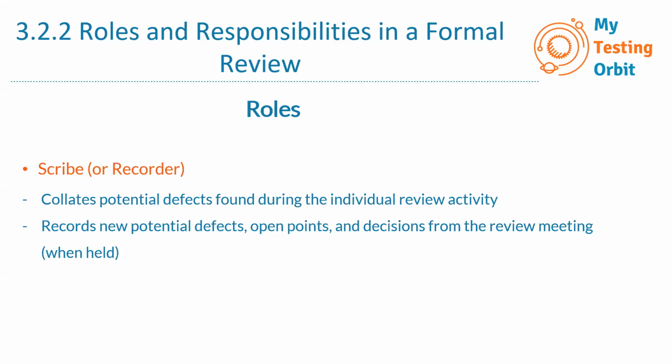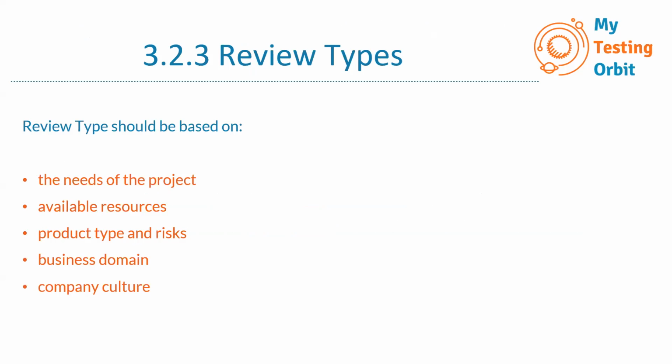So with this, we are done with all the roles of the review. Now we will go through the review types that there are. So we said that we have two main types, formal review and informal review. And now we will go through them in further detail. But first of all, what is the review type based on?